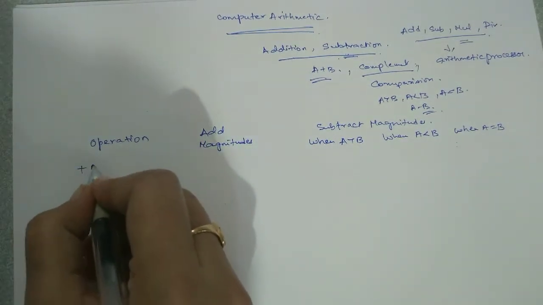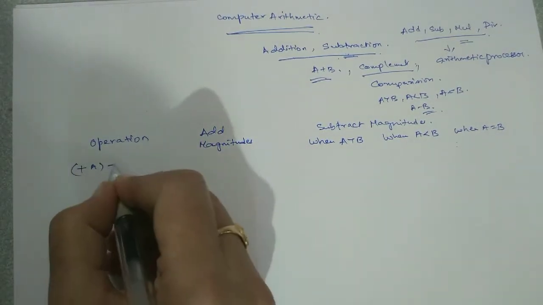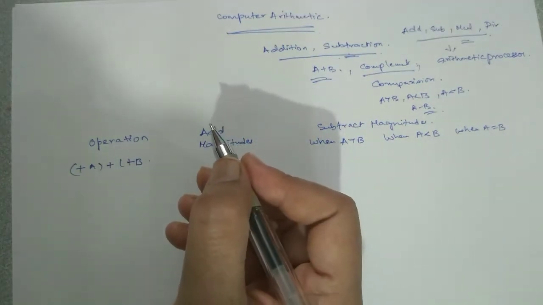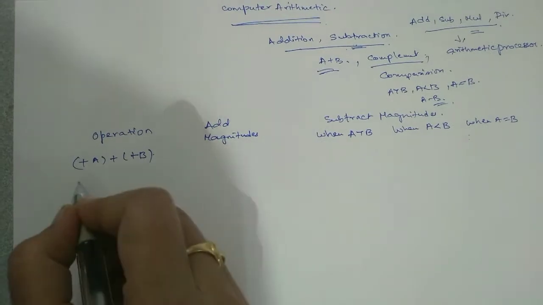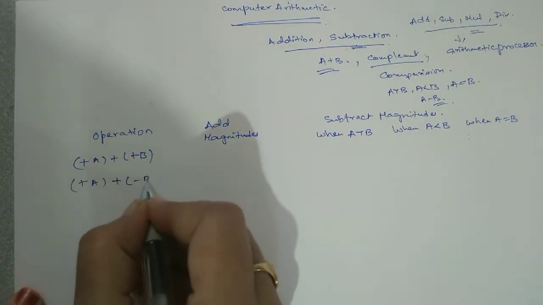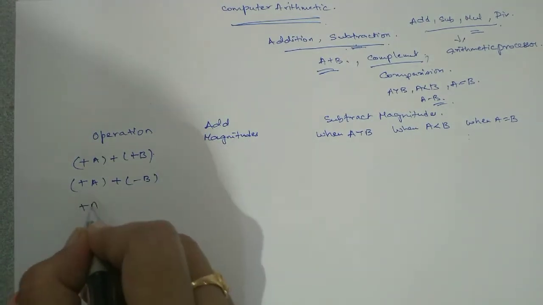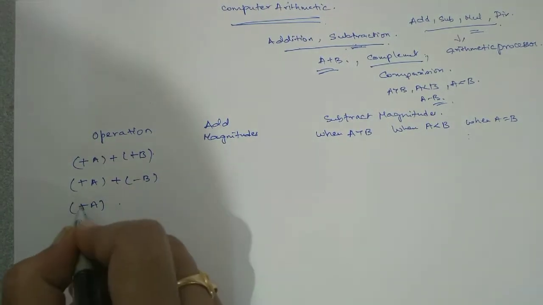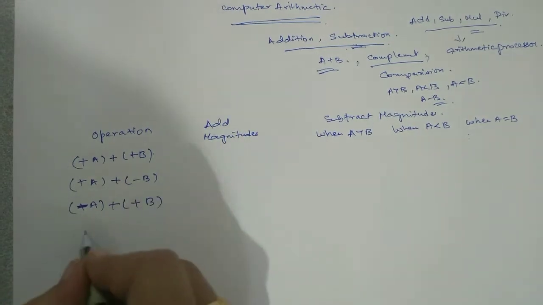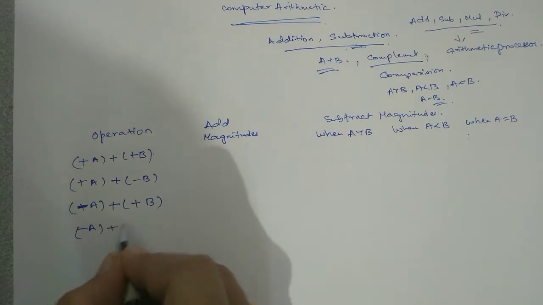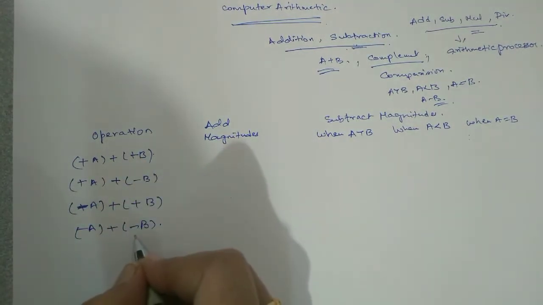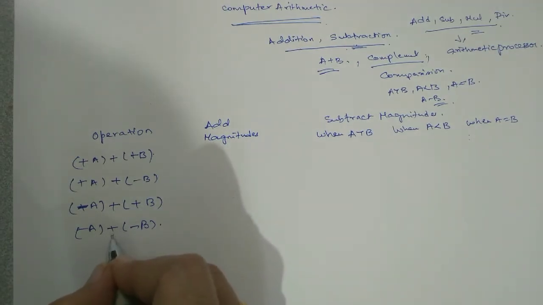So here we'll see plus A plus B, plus A plus minus B, plus A minus A plus B, minus A plus minus B. These four are the different combinations for plus.